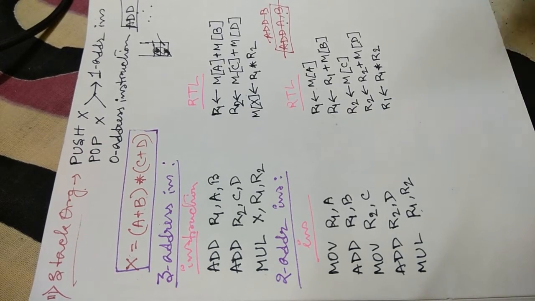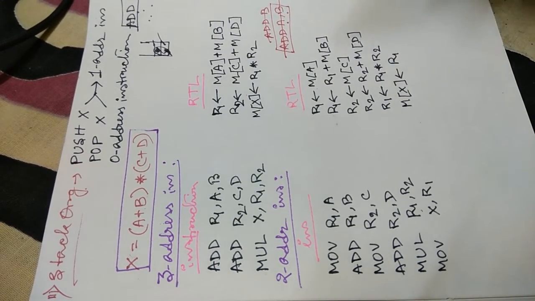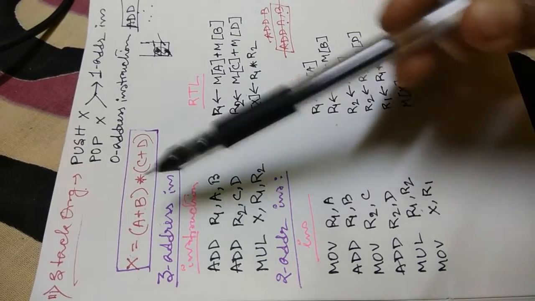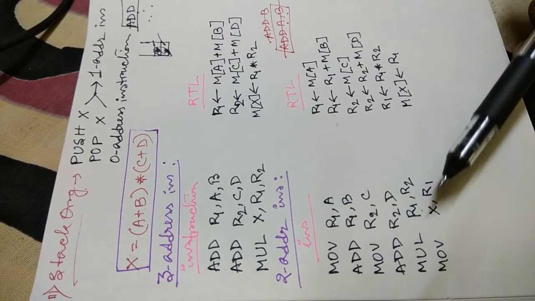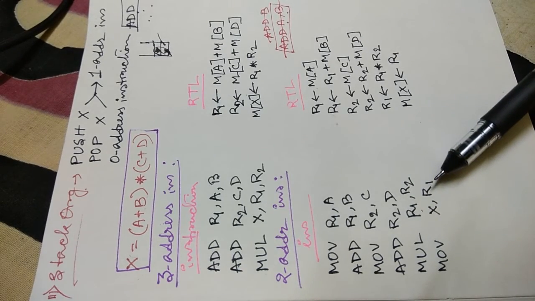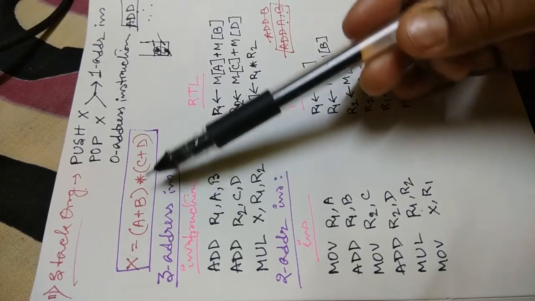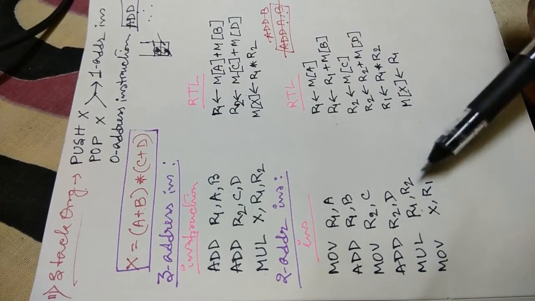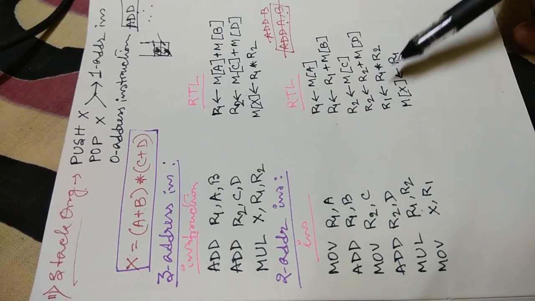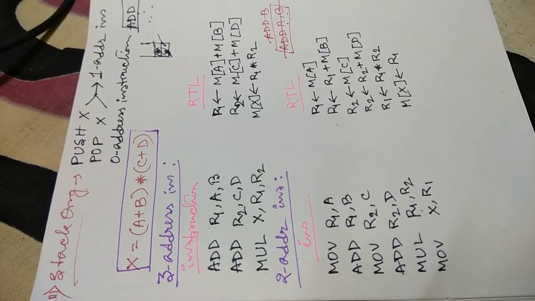Remember it. Now we are yet to move the result to location X. That is why I have written move X comma R1. That means R1 is the source which contains A plus B into C plus D, and I'm moving this content to X location. That is the RTL. Clear? Okay, now one address instruction. In 2 address instruction, we have just seen move R1 comma A, R2 comma B, whatever.